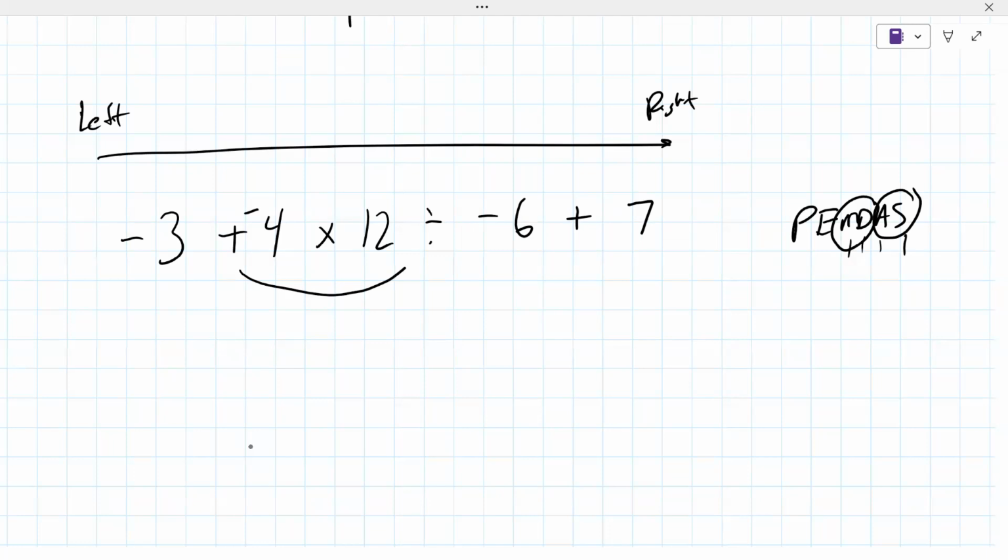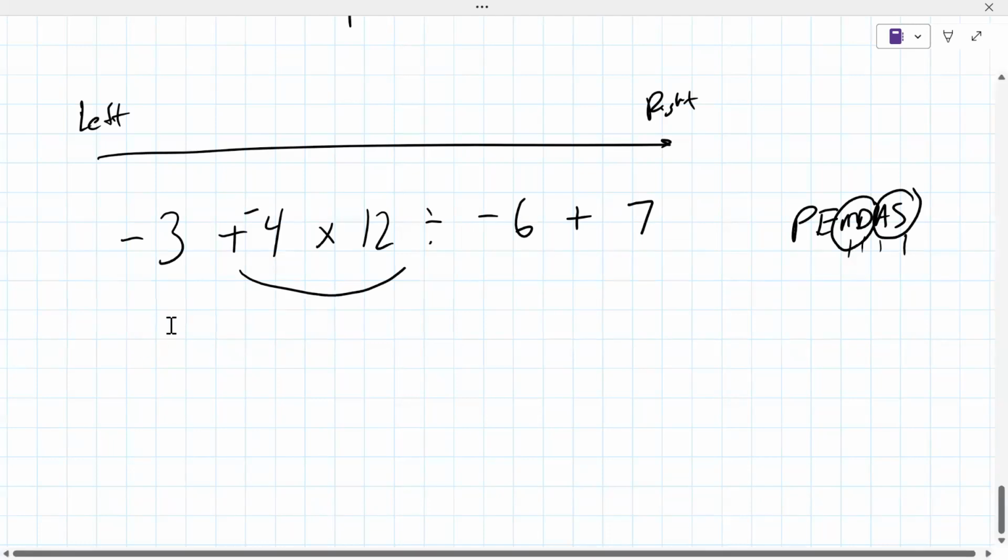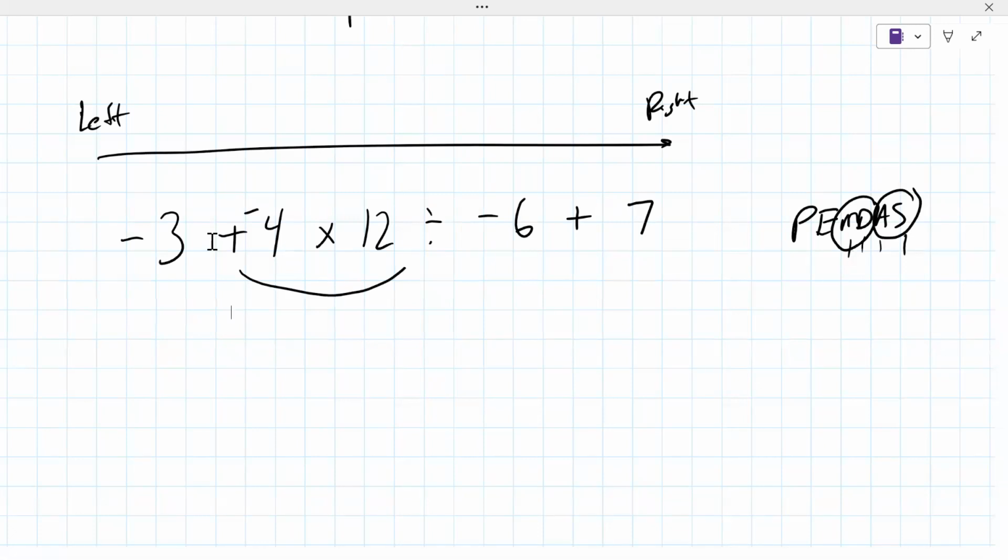It is not 48. So -4 times 12. I have a question.